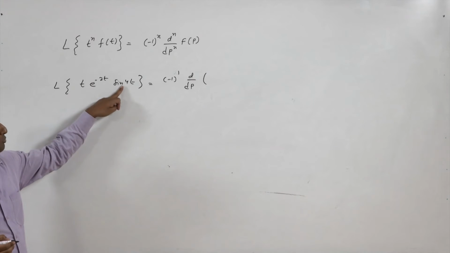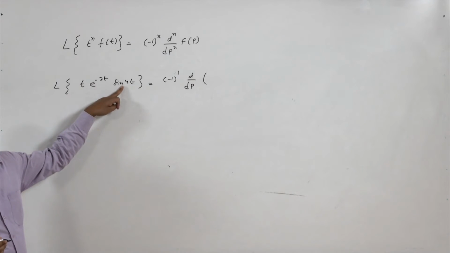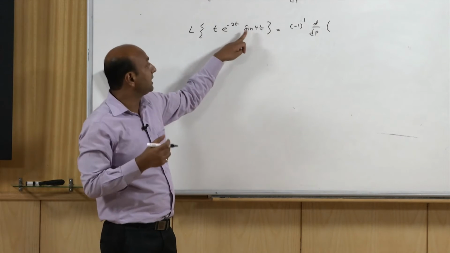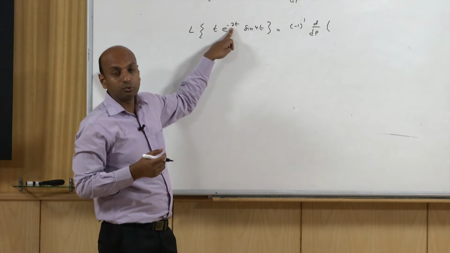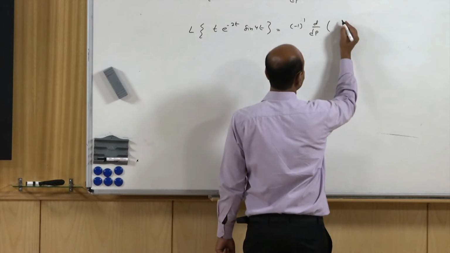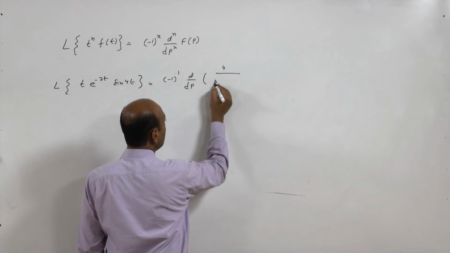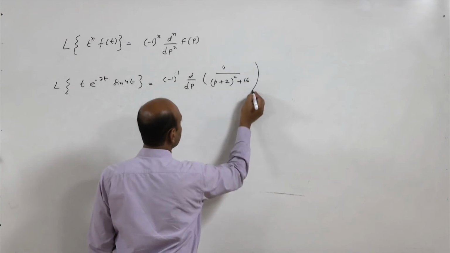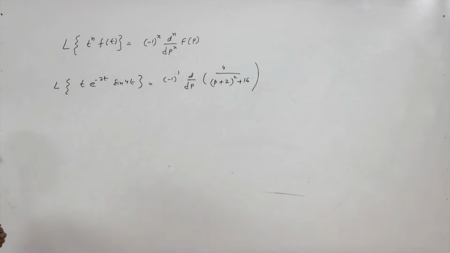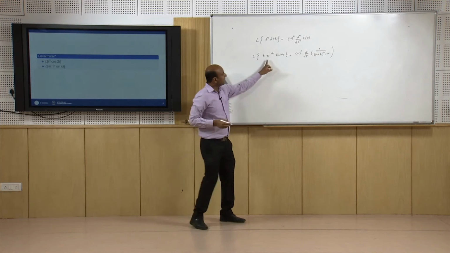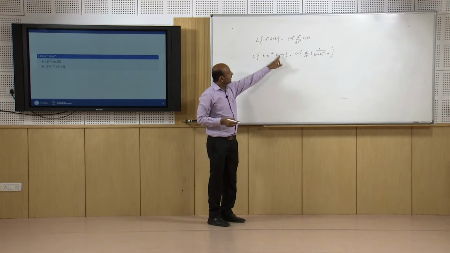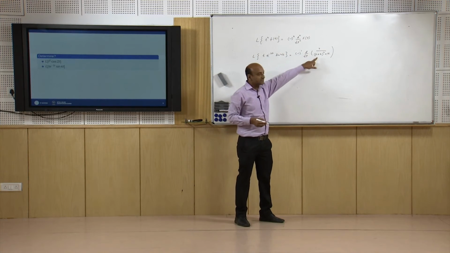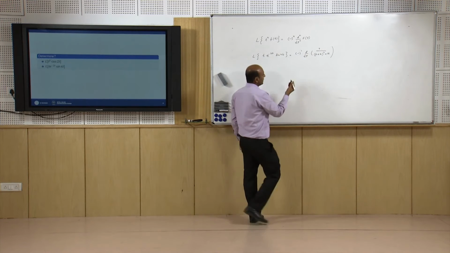The Laplace transform of sin 4 t is 4 upon p square plus 16, and using the shifting property we replace p by p plus 2. So, it will be nothing but 4 upon p plus 2 whole square plus 16. This is F p, the Laplace transform of f t. So, you can differentiate here.